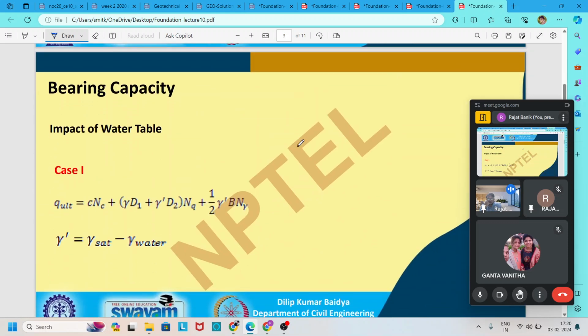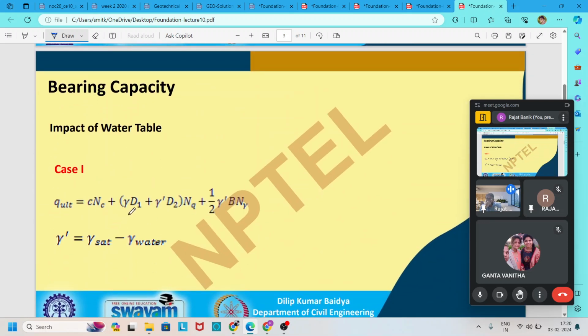So we divide our q. We know that q is equal to gamma into D, so we divide it into gamma 1 D1 and gamma 2 D2.